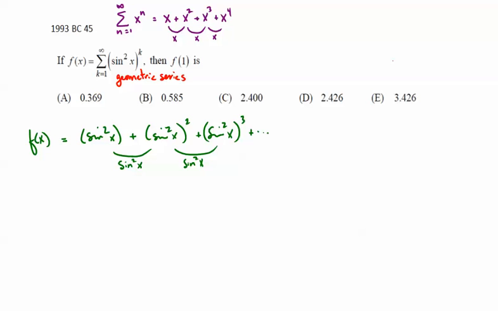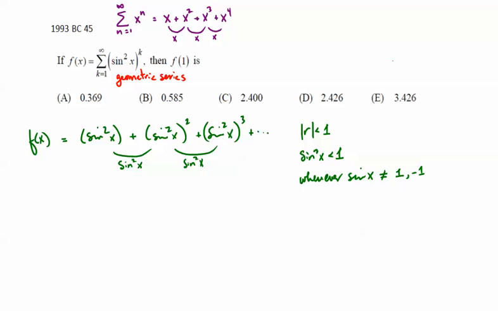And when we have a geometric series, then we do know that it converges when the absolute value of the common ratio is less than 1. Now, we're not asked for that here. The common ratio is sine square of x, and sine square of x is going to be less than 1 whenever sine square of x is not equal to 1 or negative 1.